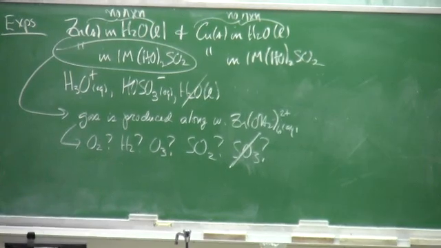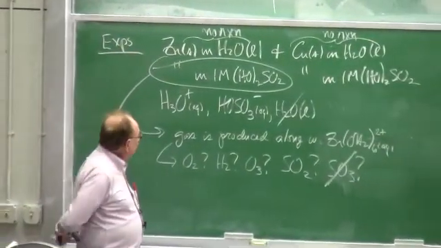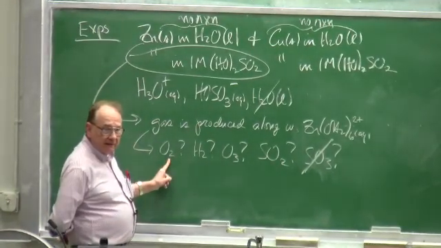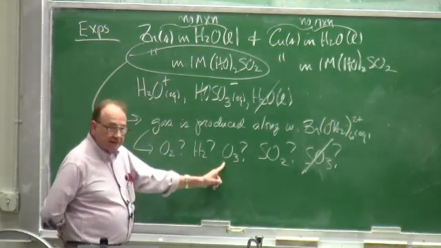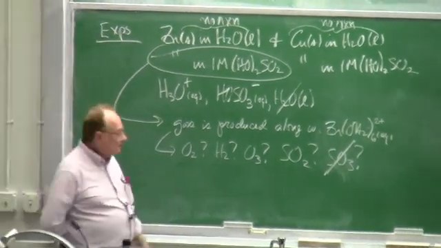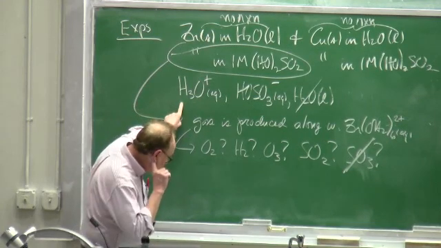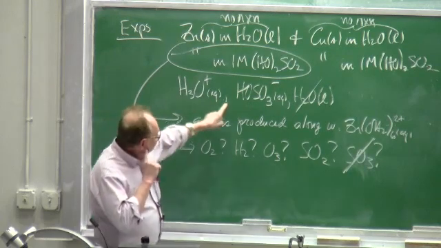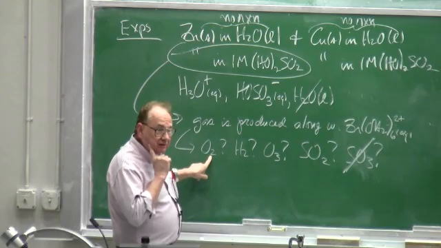Well, let's go back to some of the stuff we mentioned the other day. By reducing this or this, could we make this? What's the oxidation state of oxygen in this stuff? -2.